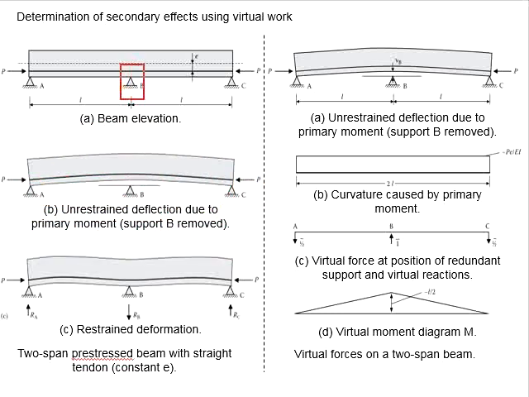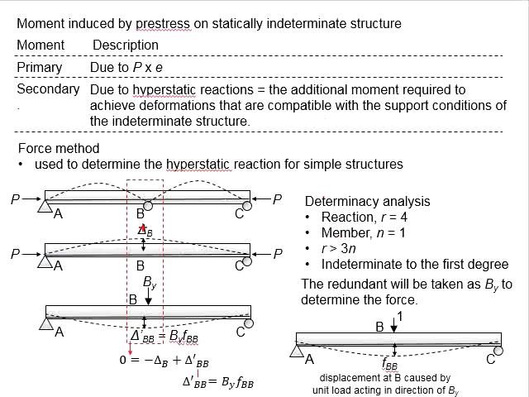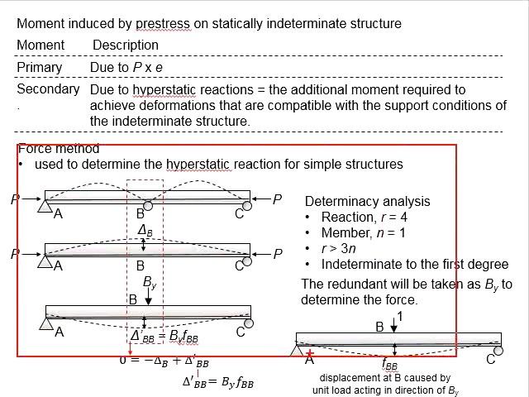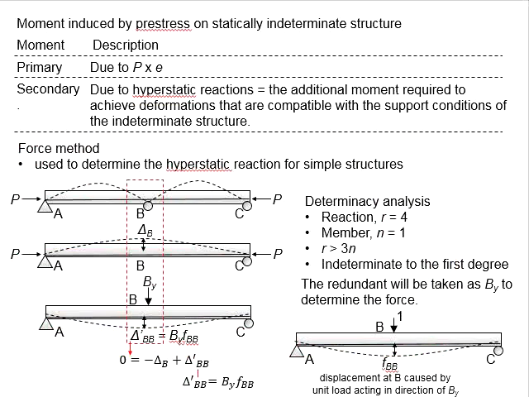However, due to the restraint of the reaction here, the member will deform in this manner. In order to find the reaction here, you will need to use the force method. The relevant equations are given here. If you wish to know more, you may refer to the structural analysis course.